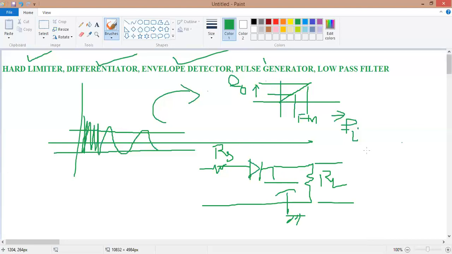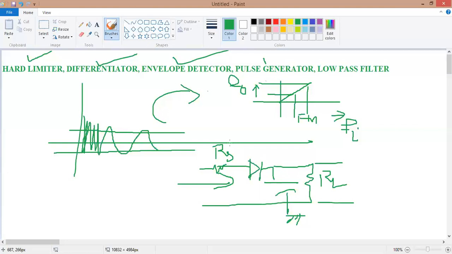So if the input comes in the form of an amplitude modulated signal, you will get the output in terms of the message signal, I mean a simple baseband signal. So this is the most important thing.